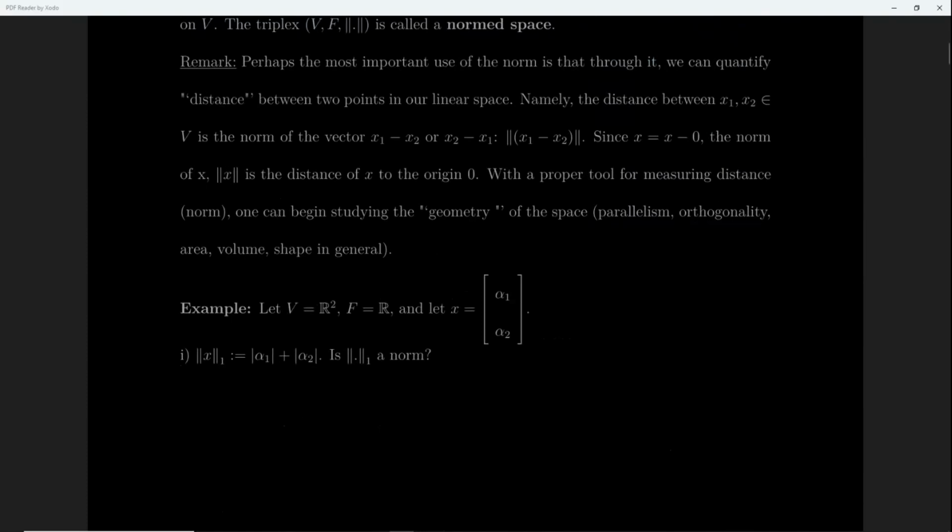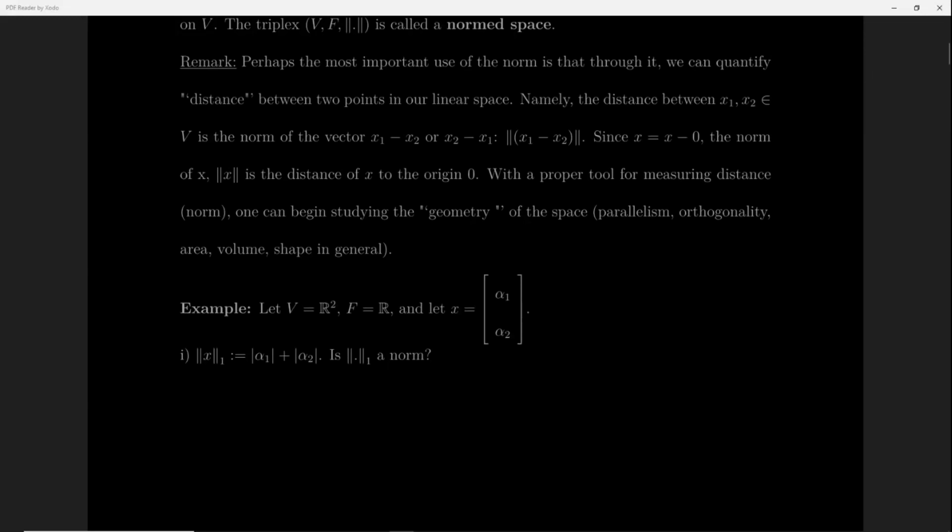So let our vector space be R square with the associated field, the real numbers R, and let x be any given vector in R square with the elements alpha 1 and alpha 2. And here is one candidate function, which is denoted by norm 1, and it says that the norm of any vector in this two-dimensional space is the absolute value of alpha 1 plus the absolute value of alpha 2.